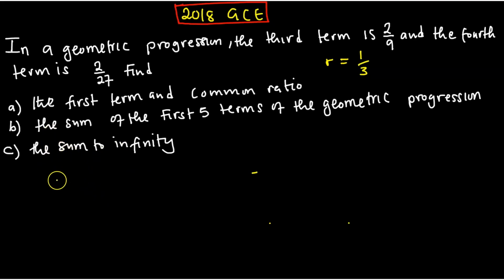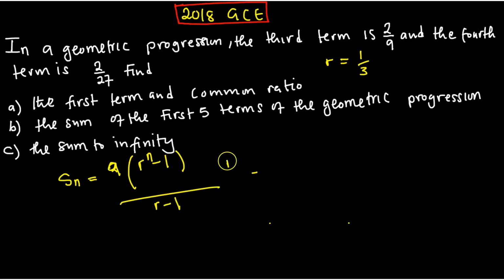If r is greater than 1, you're going to use the sum of the nth term equals a times (r to the power n minus 1) divided by (r minus 1). This is when r is greater than 1.